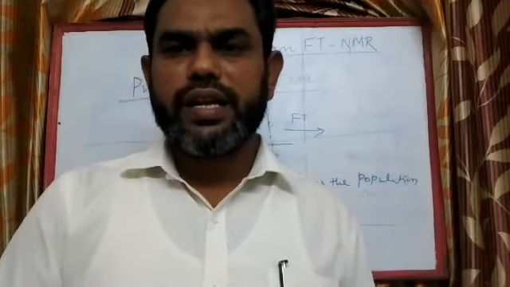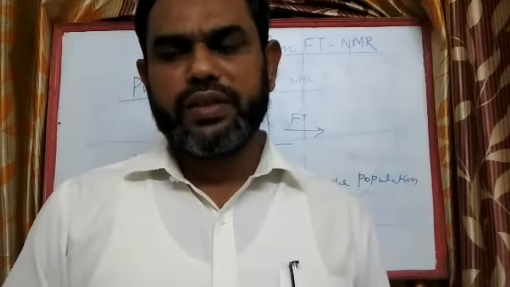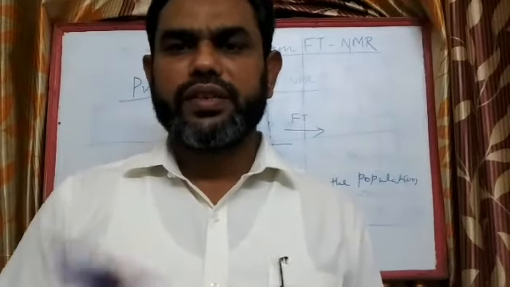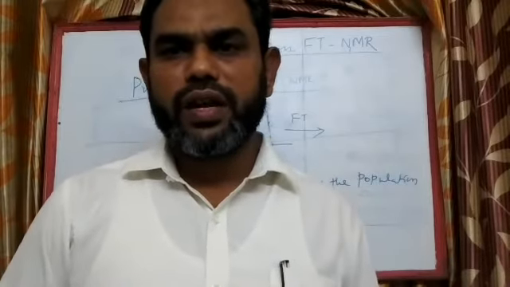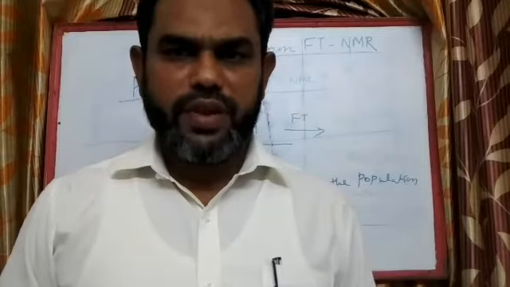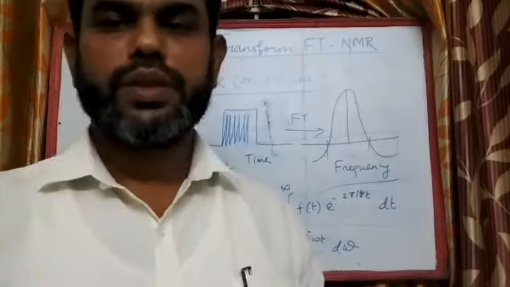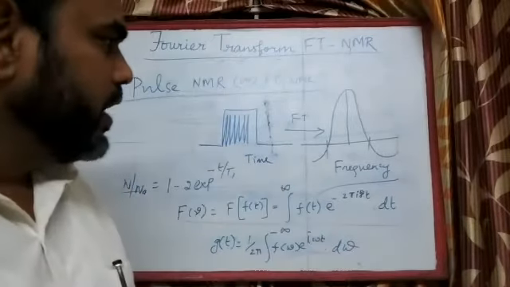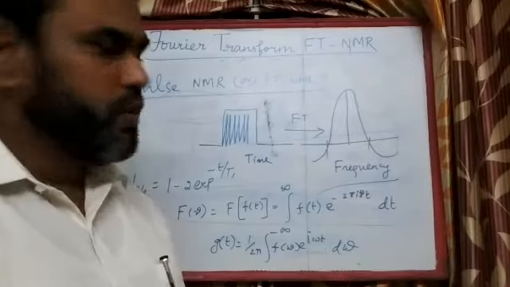So we are converting a time domain spectrum into a frequency domain spectrum. This transformation is called the Fourier transformation. I will explain it in a little more detail. The time domain spectrum is converted into a frequency domain spectrum by using computers.